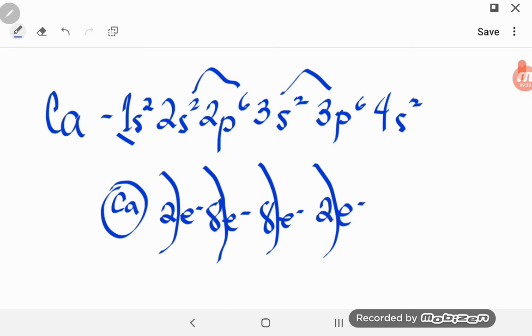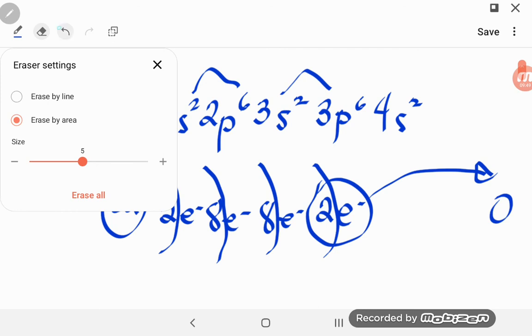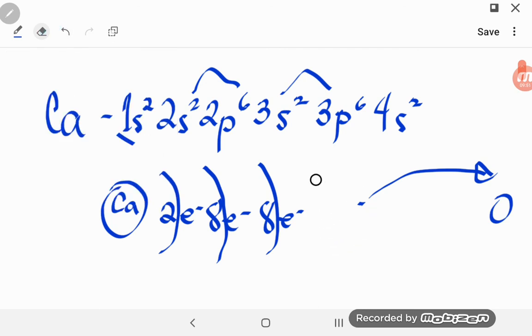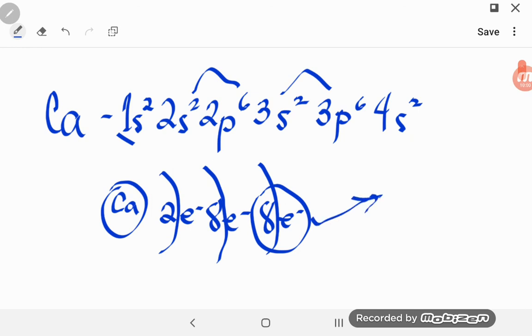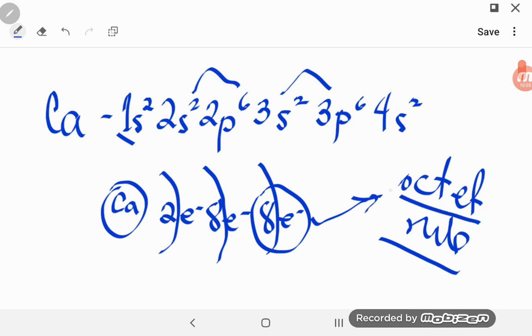During the chemical bonding, these 2 electrons were given off to the element oxygen, and so those 2 are now not existing in the structure. What was left with calcium is the 8 electrons in the third energy level, which means it has followed the octet rule. The same also happened with the other elements that we have in the first and second examples.